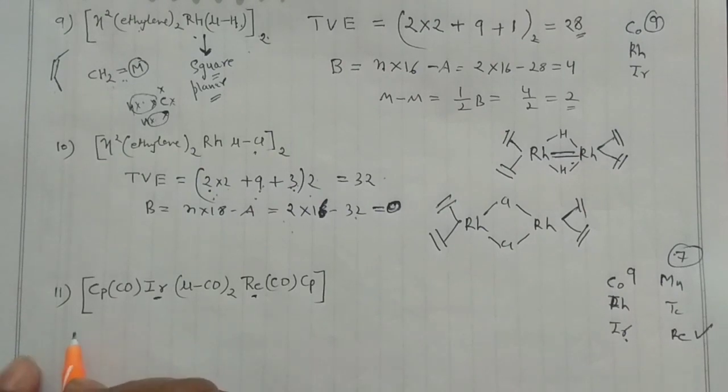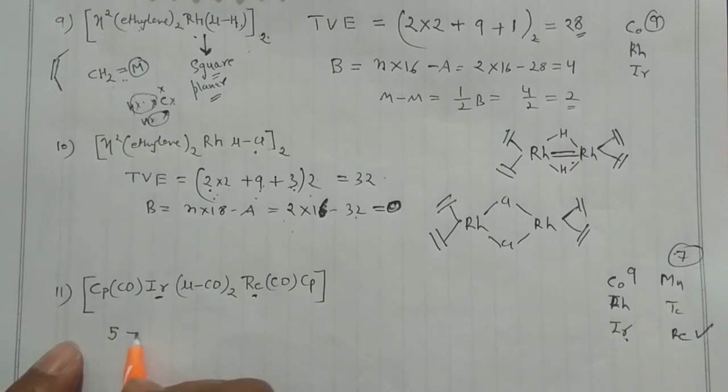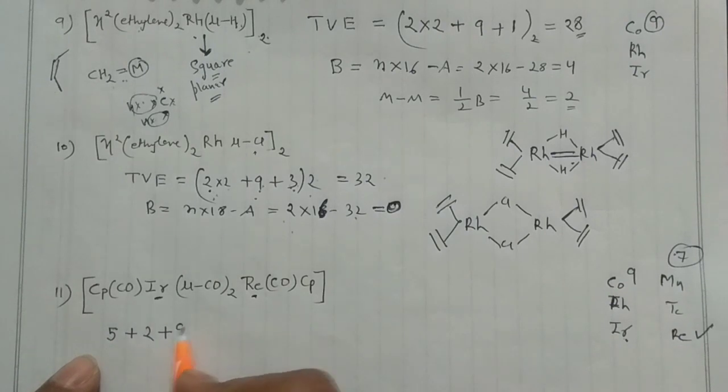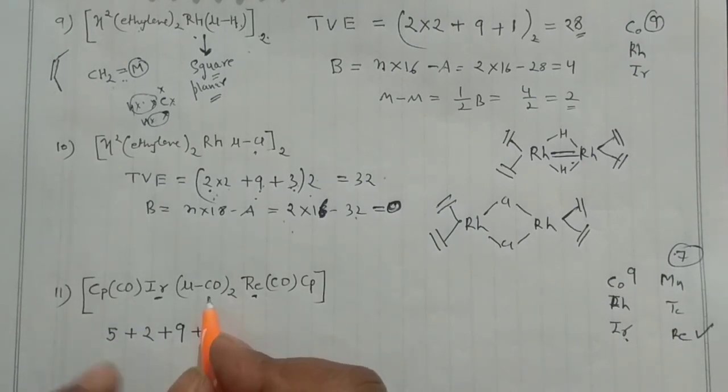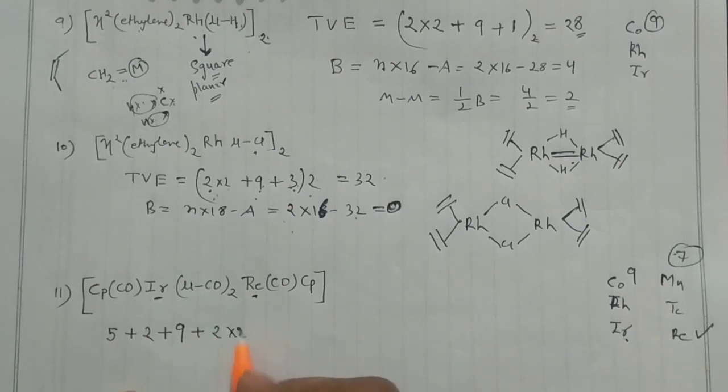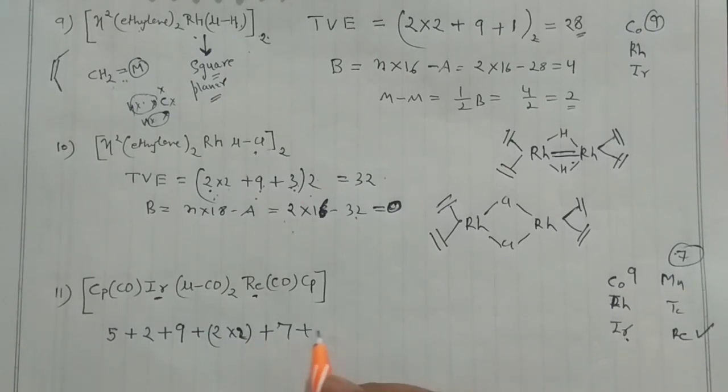Okay, so if you use the neutral method, your Cp, cyclopentadienyl, will give 5 electrons, carbonyl will give 2, iridium will give 9. See, carbonyl doesn't matter whether it is bridging or non-bridging, so 2 into 2 because 2 times it is present, plus rhenium will give you the 7 electrons, and Cp will give you the 5.